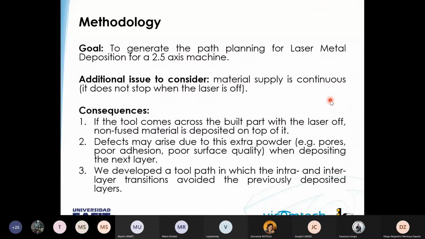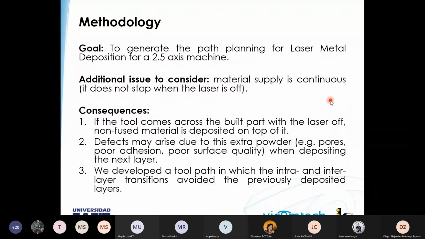This kind of issue could generate some defects on the built part, for example some pores, maybe some poor adhesion for the next layer, and maybe some poor surface quality.